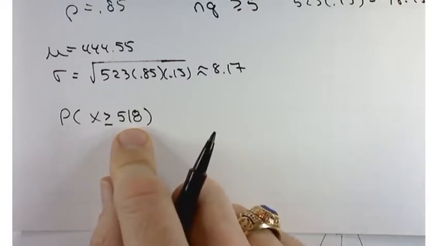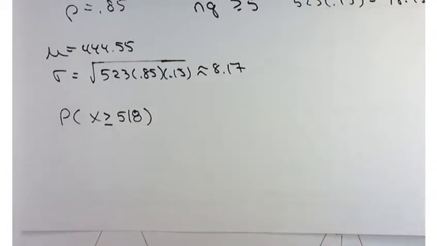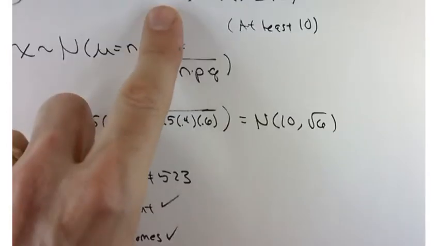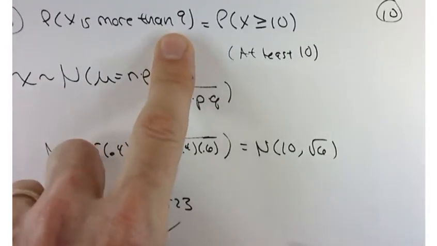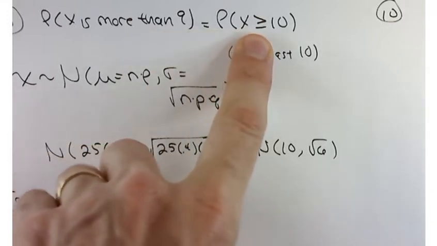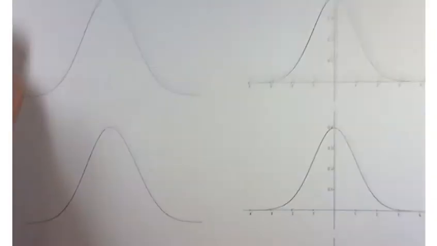It's 518 or more. And that's a little bit different than problem number 8. Problem number 8 started out at more than 9, so we had to round up to 10 to get where the probability actually started. Here, we're not going to have to do that.